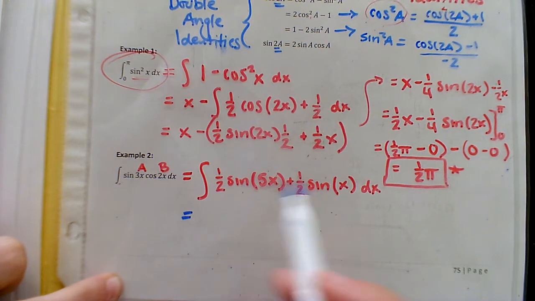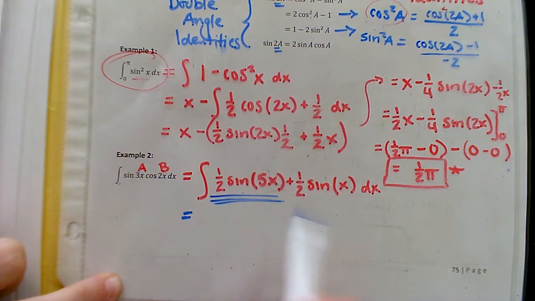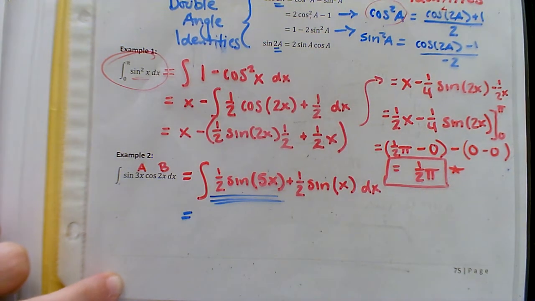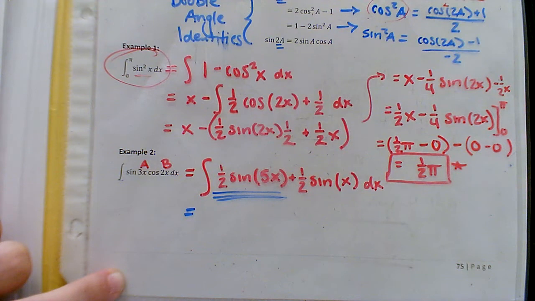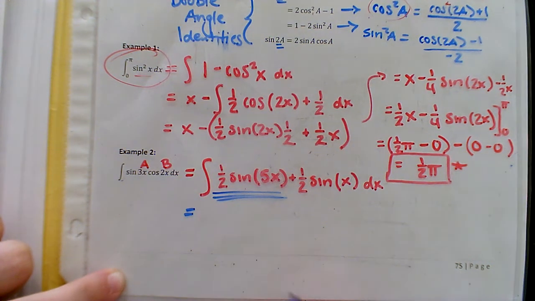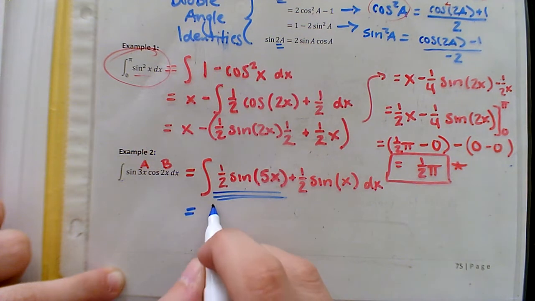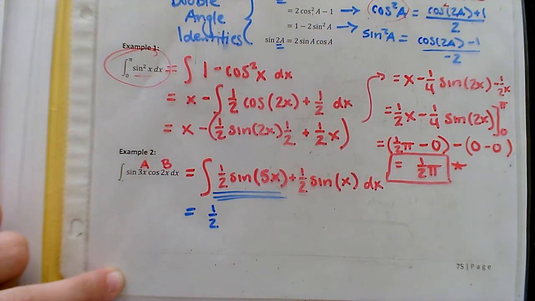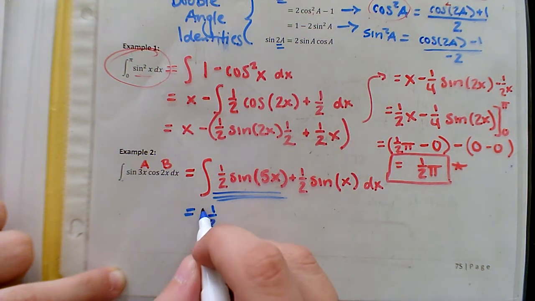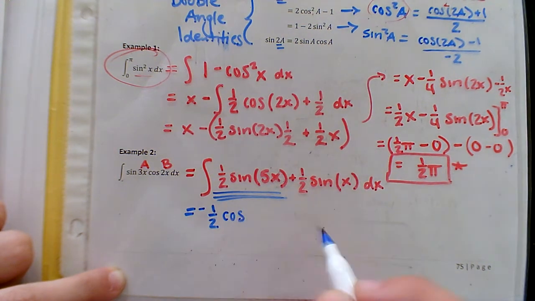Okay, so take a look at your first term there. If you work backwards from 1/2 sine of 5x, let's see, we can keep the 1/2 as a coefficient. The antiderivative of sine is negative cosine.